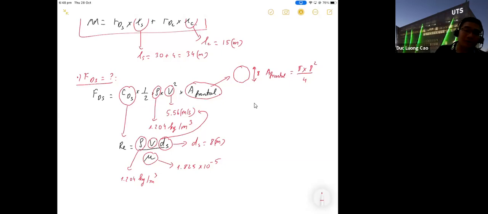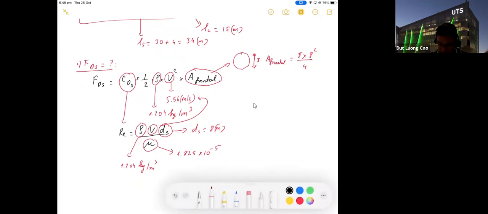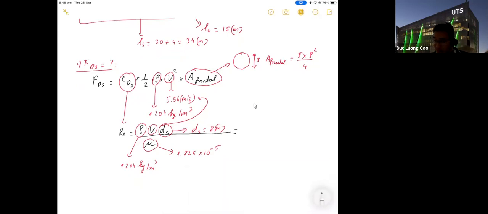Similar to what you did in lab 2. Lab 2, do you remember it? You had to find Reynolds number of the airflow over the cylinder in part A. So the Reynolds number of the sphere will be approximately 3 times 10 power 6, or 2.98 times 10 power 6.